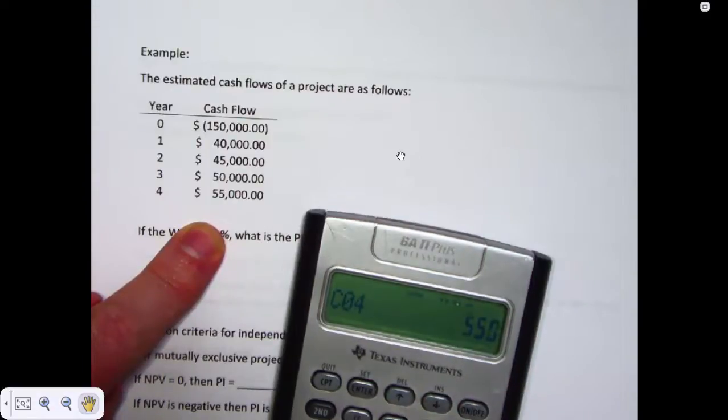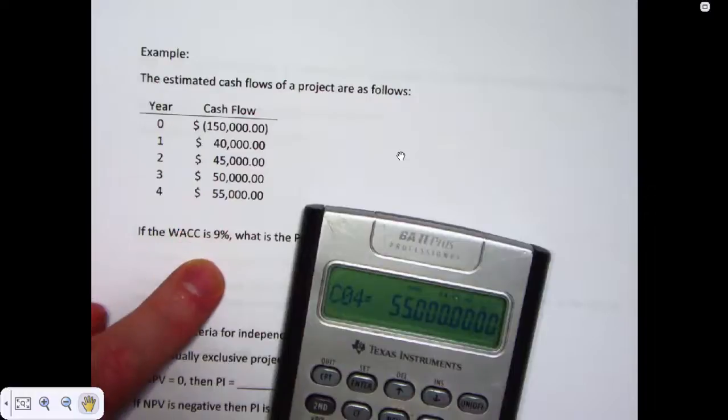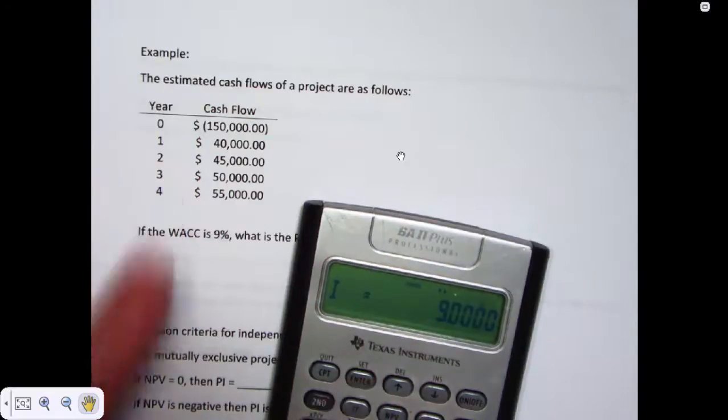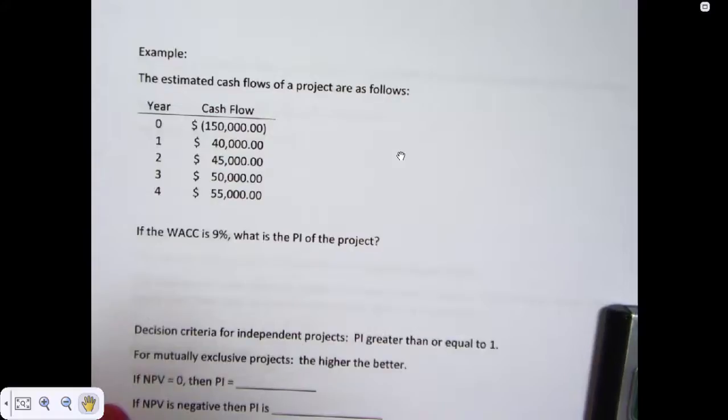My I for the weighted average cost of capital is 9. So we get the NPV, and we get, of course, what we had originally, which was $2,145.41. The way we calculate the profitability index, there's two ways.